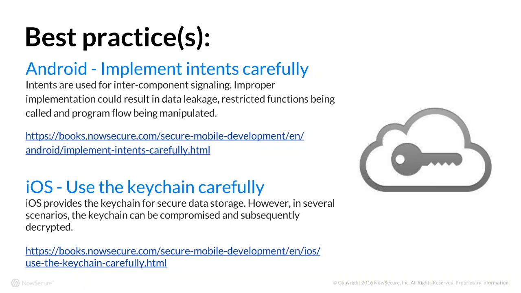The second one here is using the iOS keychain carefully. As you probably know, iOS provides the keychain for secure data storage. However, in several scenarios, the keychain can be compromised and subsequently decrypted. So this best practice offers some techniques to ensure that the keychain remains secure.